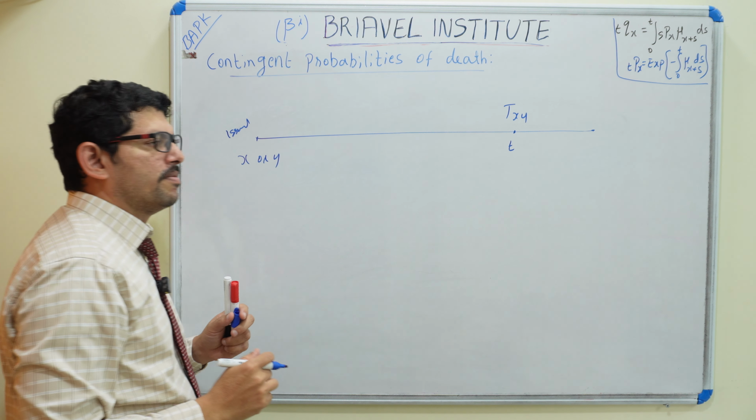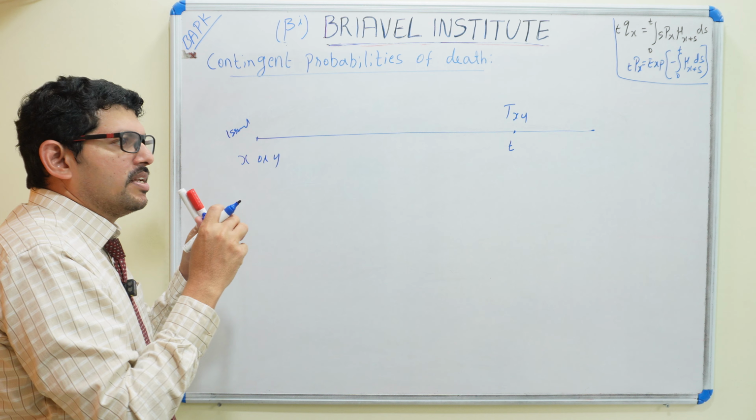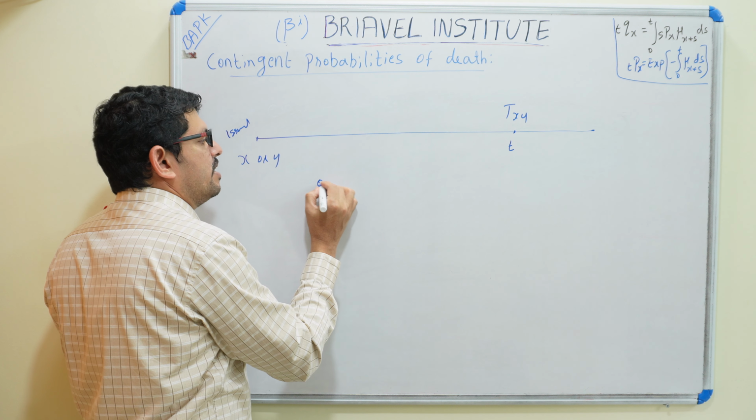In the last chapter we studied T of XY. In T of XY, the joint life status fails, which means one life died.